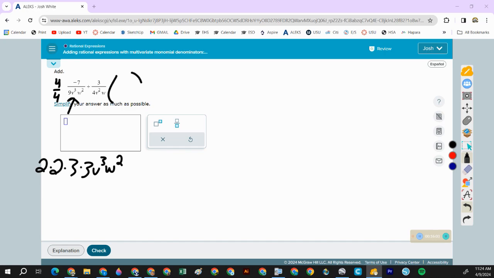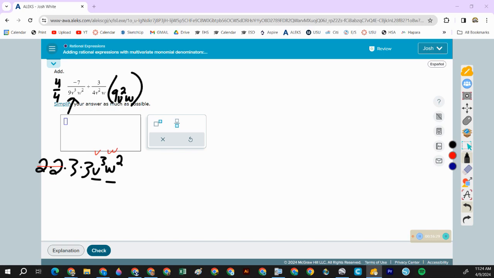Okay? What does this fraction need? Well, it has the 2's and one of the v's and one of the w's. So it's going to need a 9 and 2 v's and 1 w.